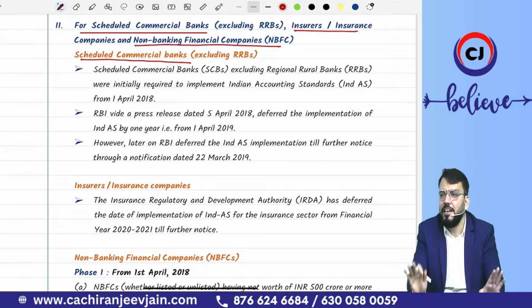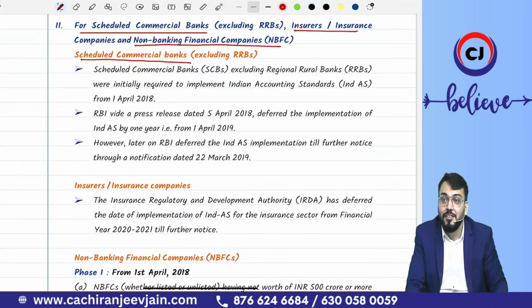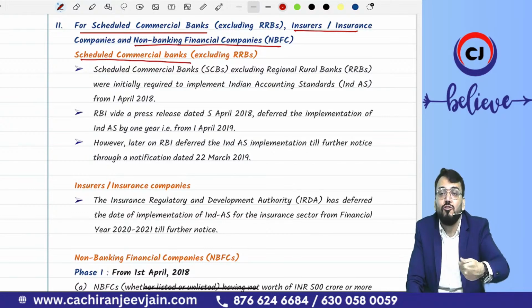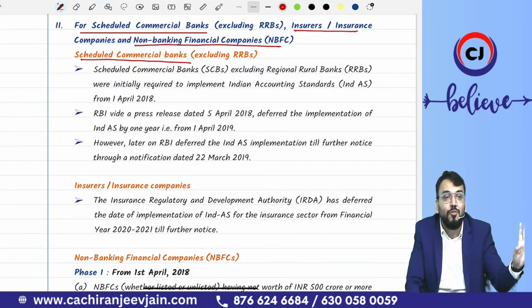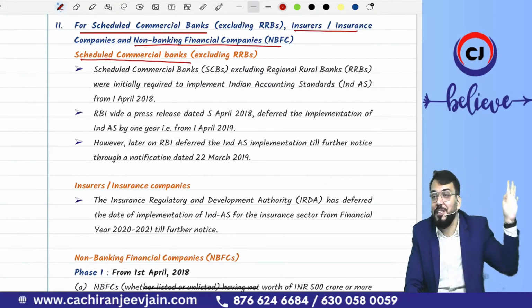So they said we are not ready. So they deferred it by 1 year, and the next date was 1/4/2019. Then, once 1/4/2019 came near, they again issued one circular. We are not ready for the application of Ind AS, and it was deferred for the time being. And no date has been announced till now.